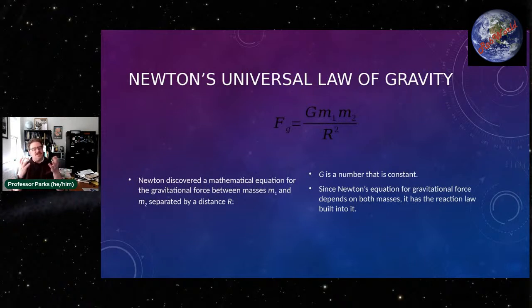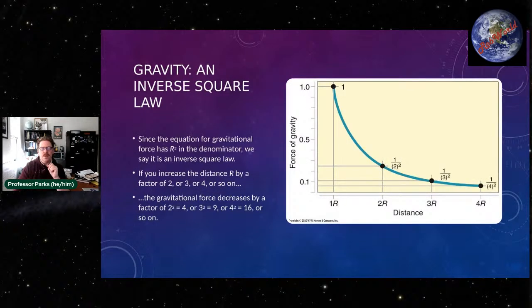When I say the distance between them, what I really mean is the center of mass of each body. So if you have two spheres, the distance is from the center of one sphere to the center of the second sphere, not the surfaces of the two.